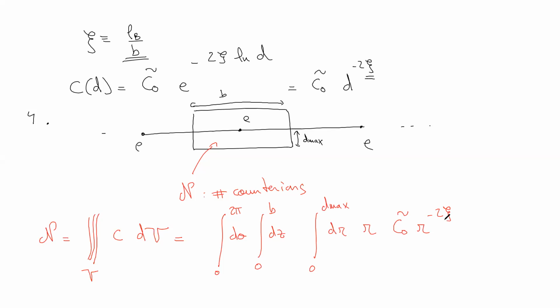And so I get 2 pi for the first integral, b for the second integral. And then for the third one, I'm left with calculating this quantity, the integral up to d max of dr, with r to the power 1 minus 2 psi. Okay? So, which means that the total number is, let me just write it at the beginning of this blackboard.